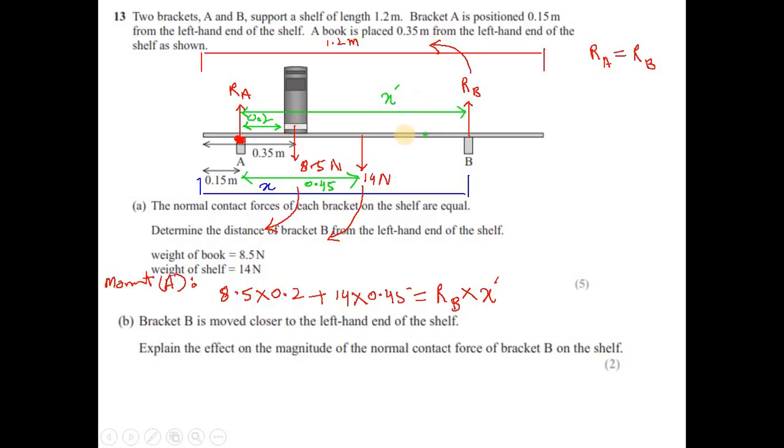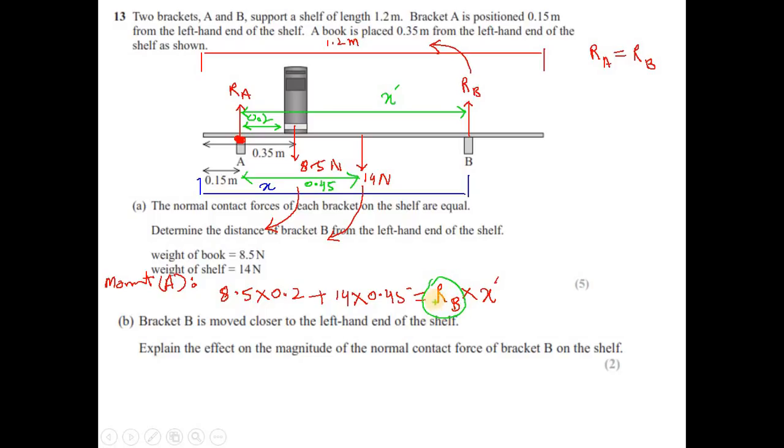So first I need to figure out x dash, and after finding x dash I can add 0.15 to find the required distance. But in this equation I have two unknowns, RB and x dash. That means for x dash, first I need to figure out the value of RB.